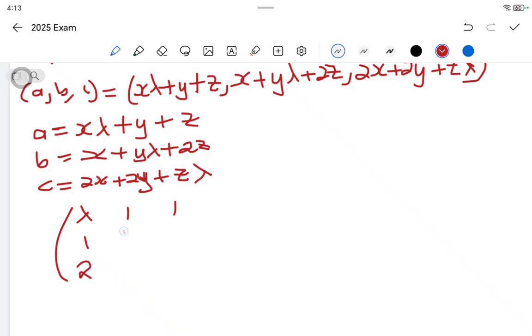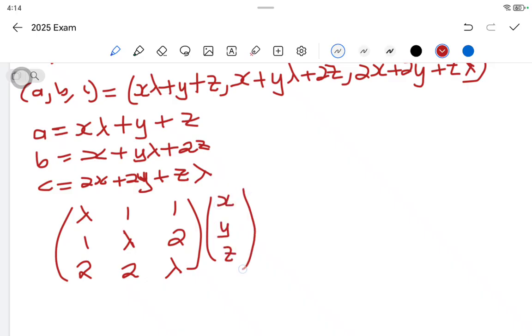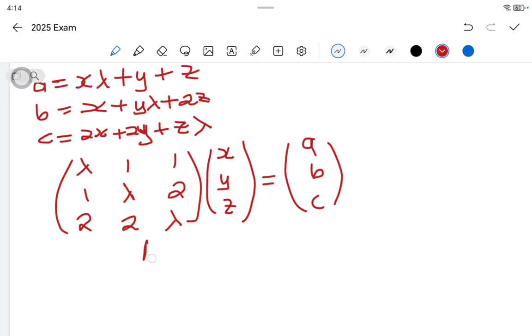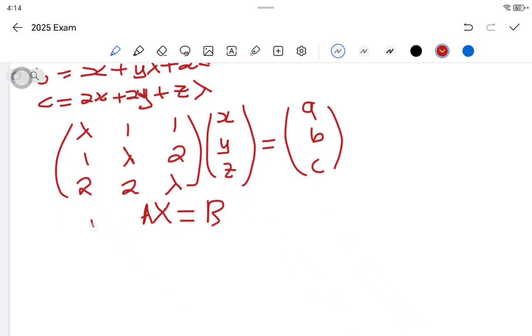Then this is lambda, this is 2, this is 2, this is lambda, right? And then we have x, y, z, which is equal to a, b, c. We just wrote this in the form Ax equals b. This is the form of Ax equals b. Then now I take the determinant of A.